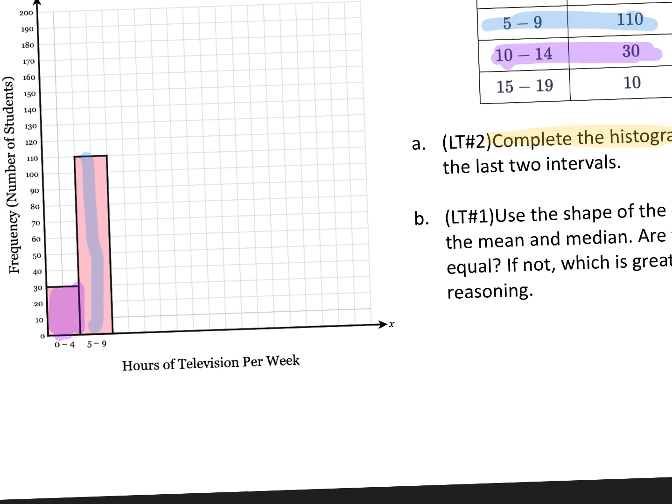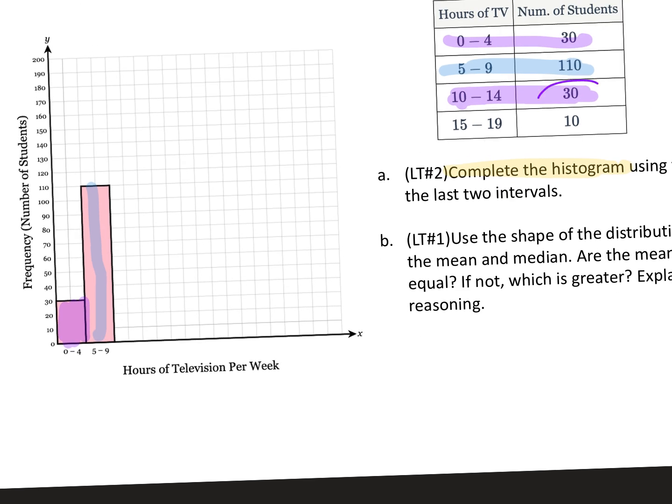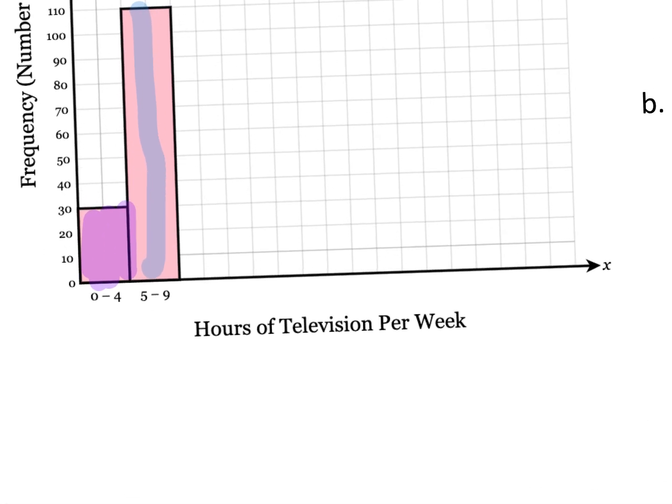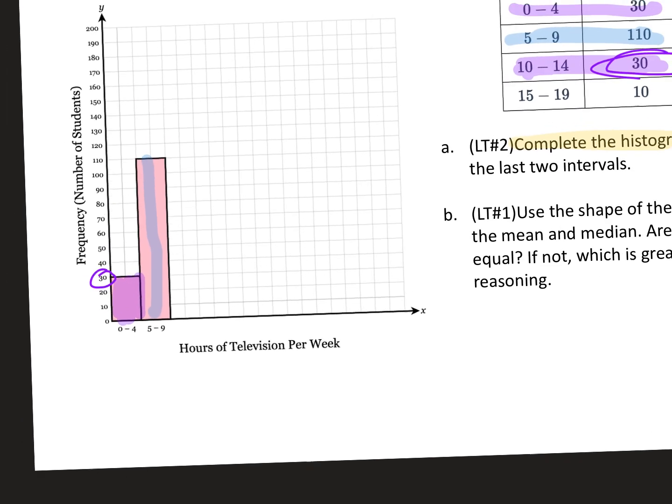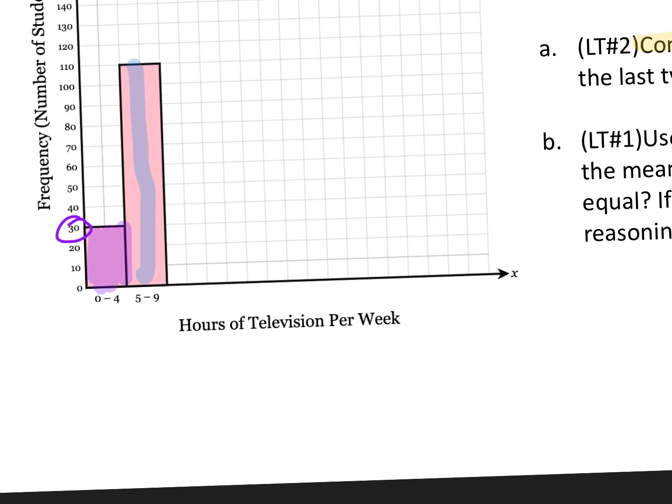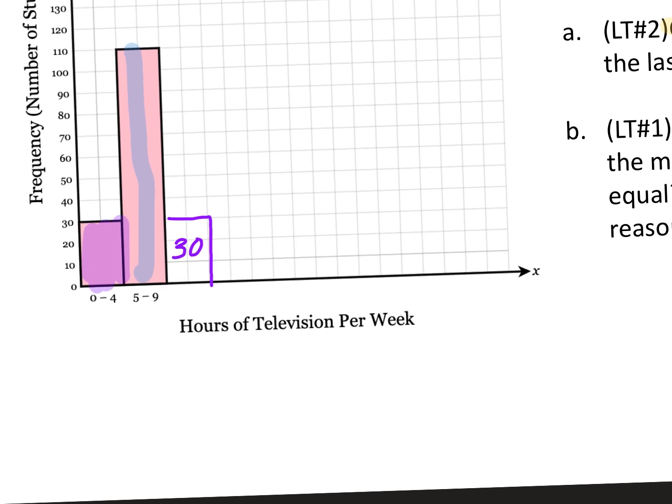So because there are 30 students, we need to make a bar that goes up to the 30. I'm going to zoom in here. We need another bar that goes up to the 30. Remember that on a histogram, the bars are sitting right next to each other.